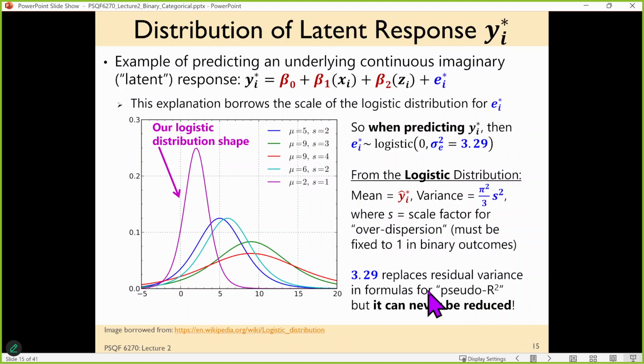So you will see 3.29 show up in formulas to replace residual variance when we're talking about variance explained in logits. The problem is that 3.29 cannot be reduced after you add predictors that are supposed to have explained variance. It will stay 3.29. So the rest of the model will have to change scale as a result of that. We'll talk about that. But this is why. It's motivated by logistic.